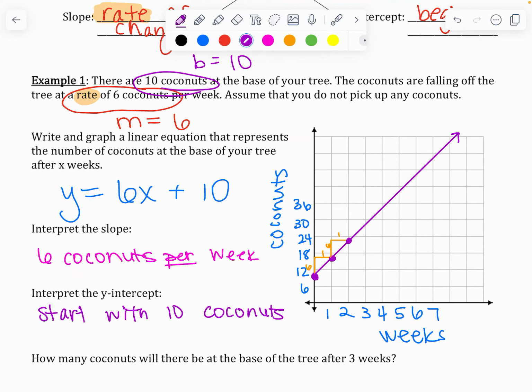Also, it's very dangerous to walk under a coconut tree. It's also down in Florida when it gets below a certain temperature. I can't remember the temperature, but the iguanas freeze and they can't move and they fall out of trees.